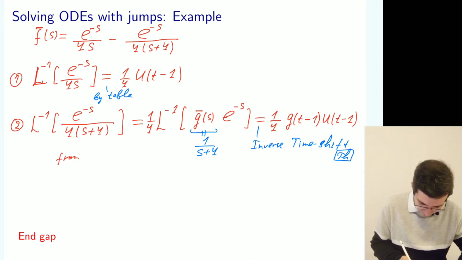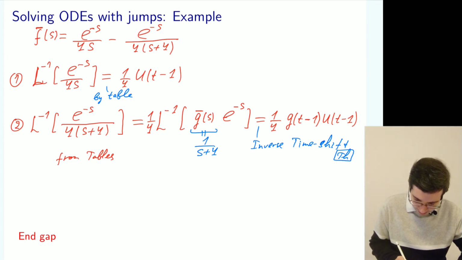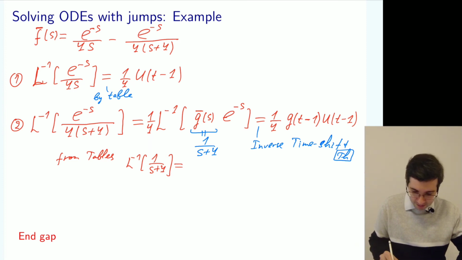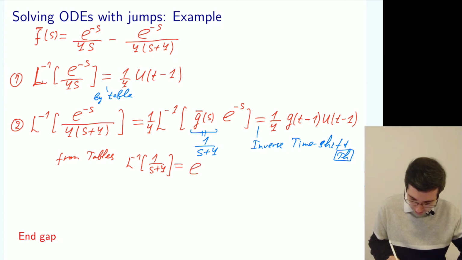So from tables, we know that the inverse Laplace transform of 1 over s plus 4 is, yes, that's right, exponential to the power of minus 4t.